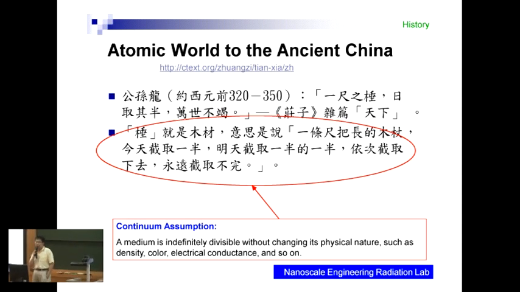Previously, one of our philosophers, Gong Sun Long, said that if you chop a 1-foot piece of wood by half every day, you need an infinitely long time to chop it to the end, because every day you take half out, but you still have half remaining. So that means you will have forever to chop the wood down to, let's say, 0.